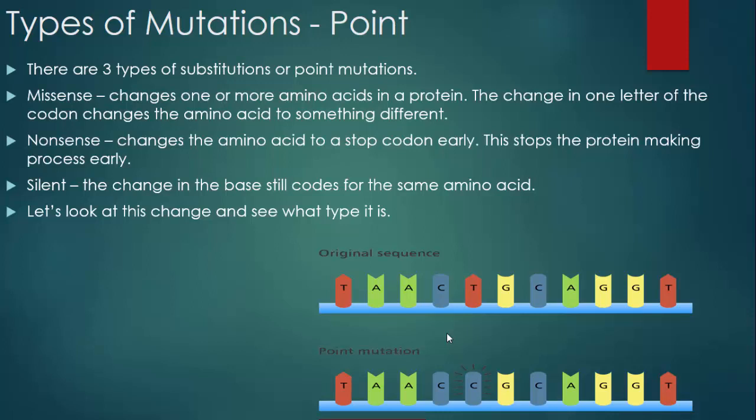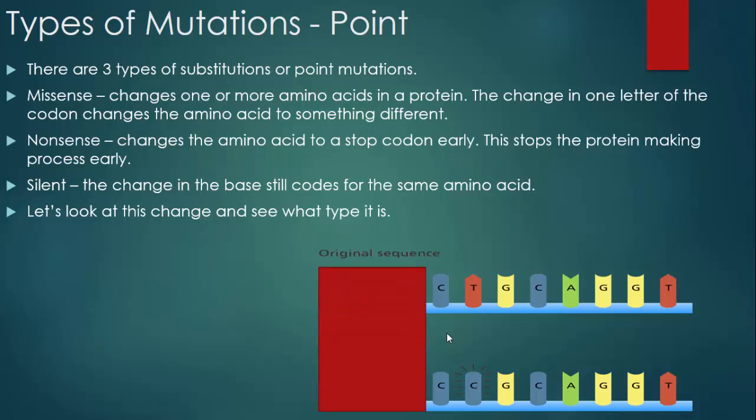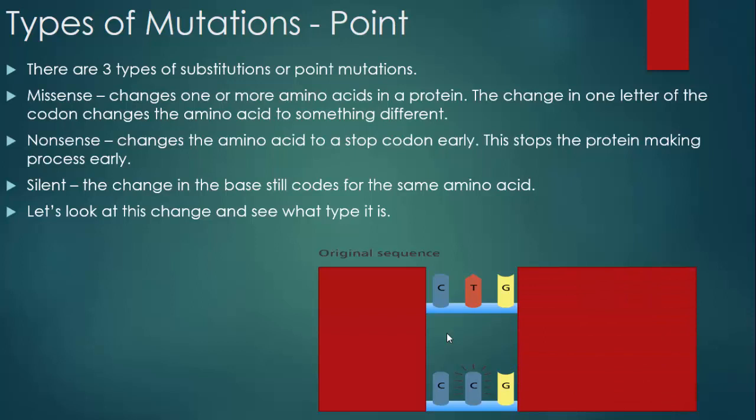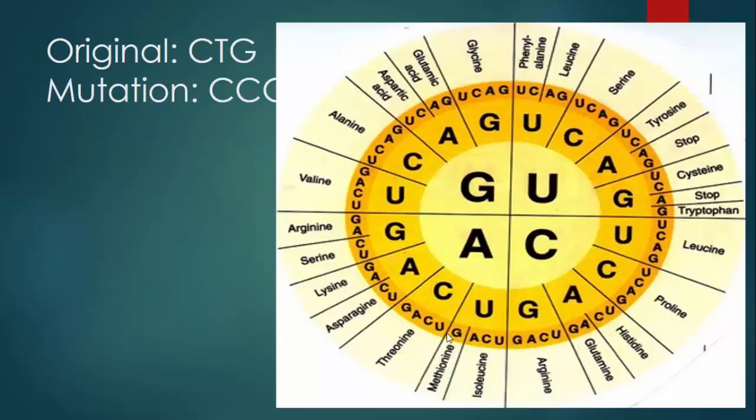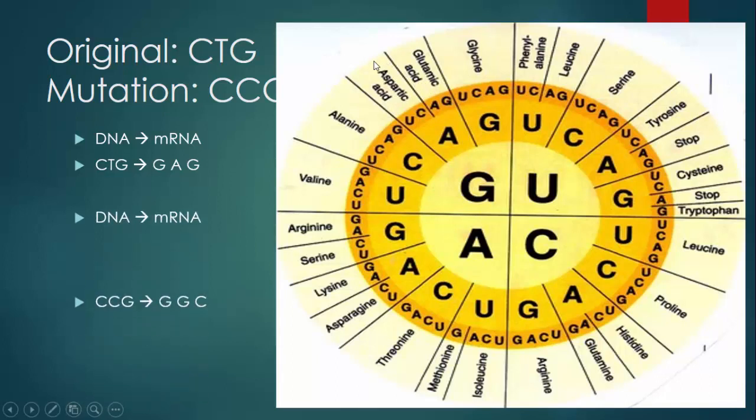So let's look at this change and see what type it is. We have CTG, and it got changed to CCG. So let's take a look at that and figure out what type of mutation it is. Our original one was CTG. We have to go DNA to mRNA. So CTG changes to GAG, which is glutamic acid. Then we have to go for the other one.